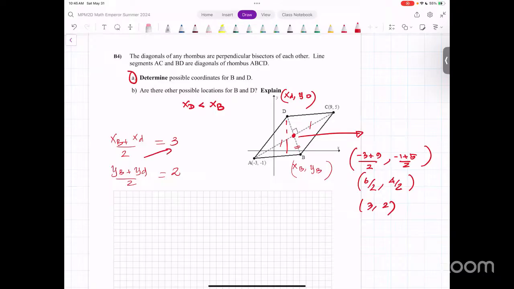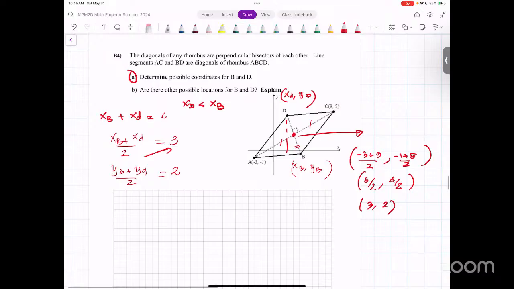If you cross multiply, XB plus XD is supposed to be 6. So how can we think about it? Okay, let's think about 1 and 5. 1 plus 5 divided by 2 is going to give me 3. So this can be 1 and that can be 5.